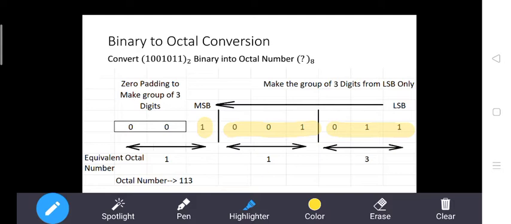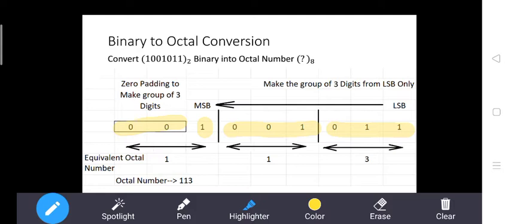But if you observe this term, it has only one value, and we want to make a group of 3. So we require additional 2 zeros on the extreme left-hand side. So I added 2 zeros over here. These zeros are called zero padding, to make groups of 3 digits.